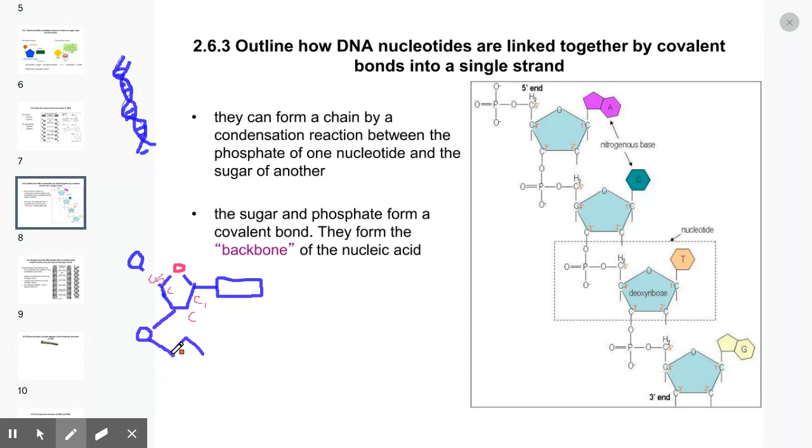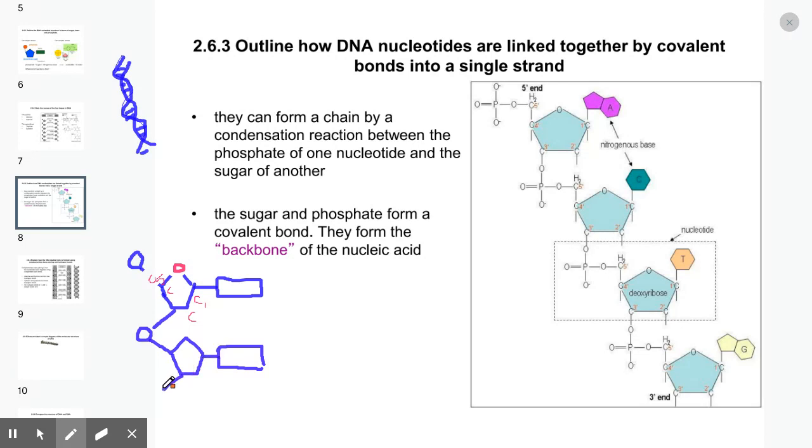Then we have another deoxyribose, and the nitrogenous base covalently bonded to our deoxyribose. So that's how they're linked together: carbon number 5 to the phosphate in the same nucleotide, and then carbon number 3 to the phosphate of a different nucleotide, because this is a different nucleotide than this. And now we're growing our DNA.